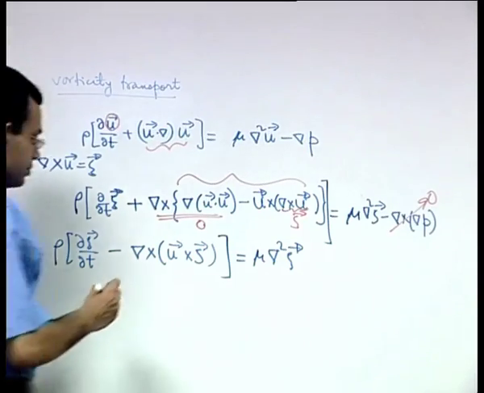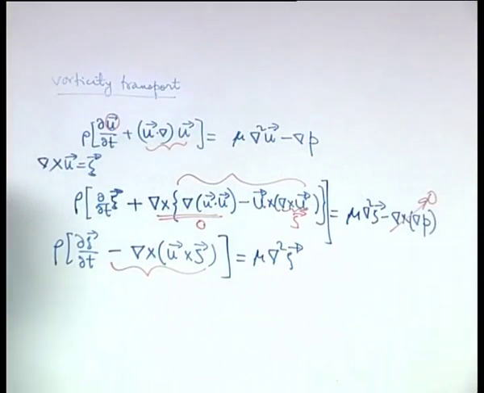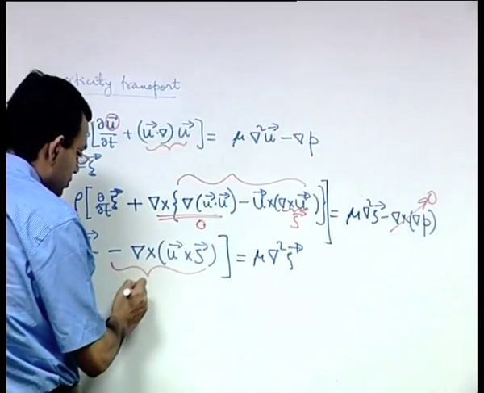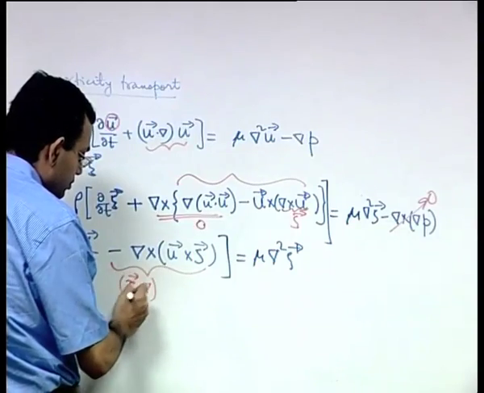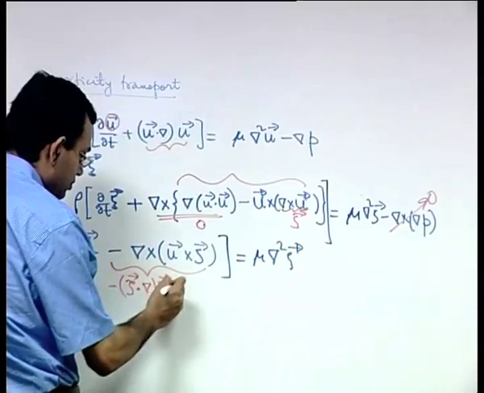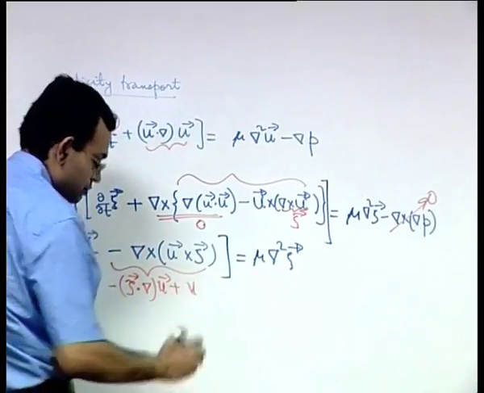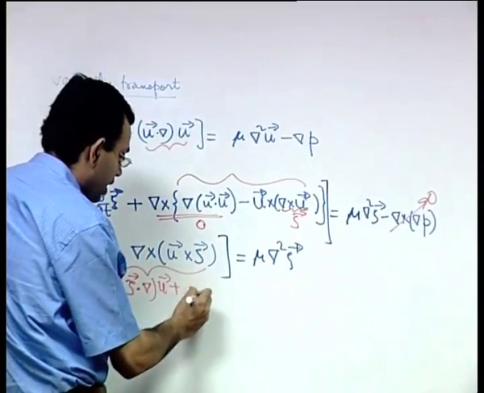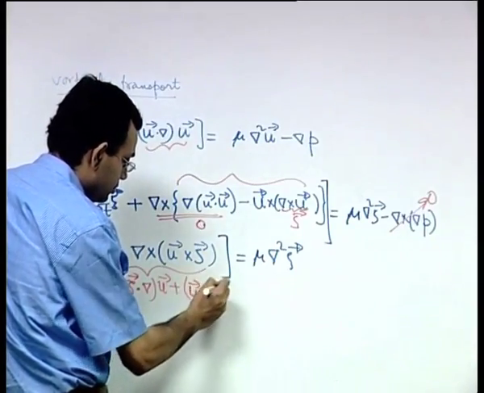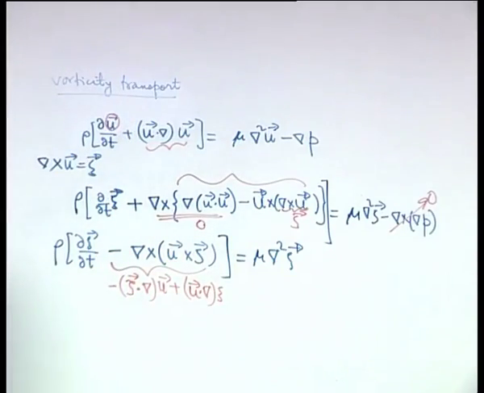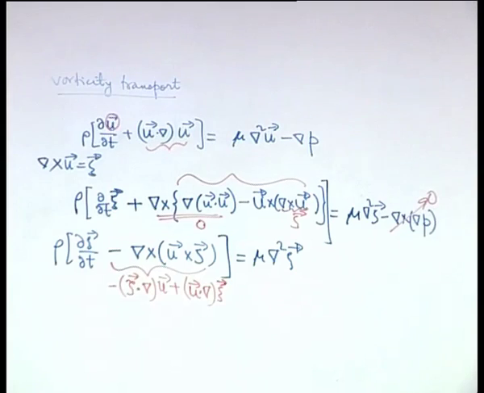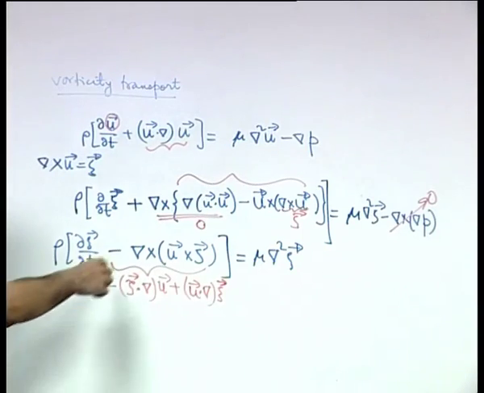Now, this term we can write again by a vector identity, zeta dot del u and u dot del zeta, one with the opposite sign as that of the other, this includes the minus sign.